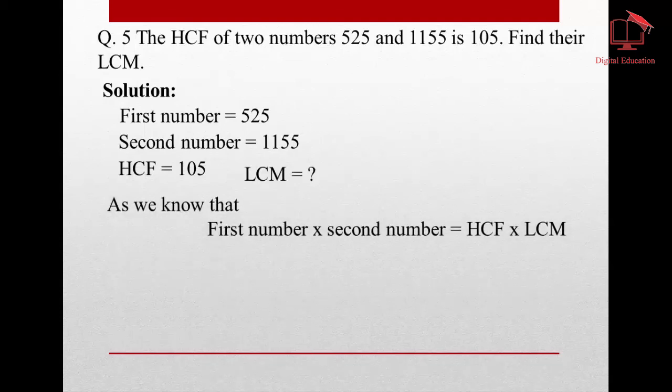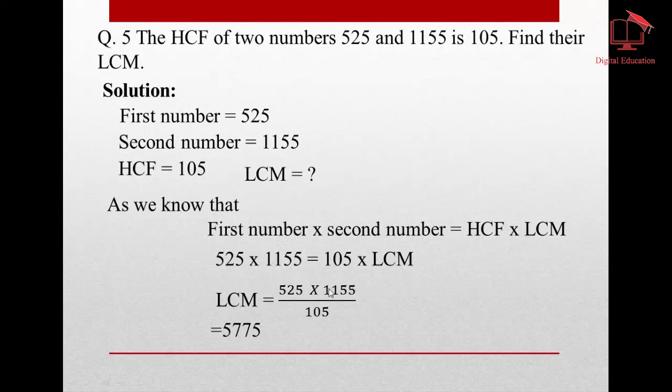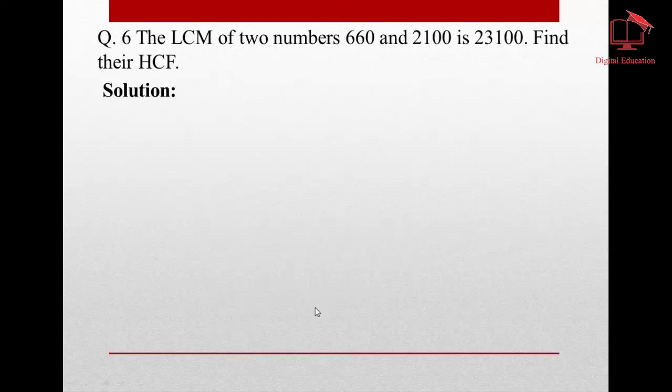As you know that this is a formula, first number multiplied by second number is equal to HCF multiplied by LCM. We will put these values. Now students, we will arrange this and after the multiplication we get the answer 5775.